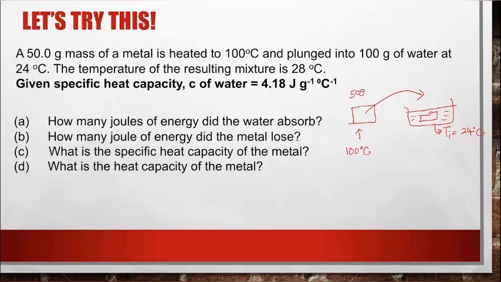When the metal is plunged into the water, this causes the temperature of the water to increase to 28 degrees Celsius. Please remember that heat flows from a hot body to a cold body. So in this case, the hot metal will release its heat into water.